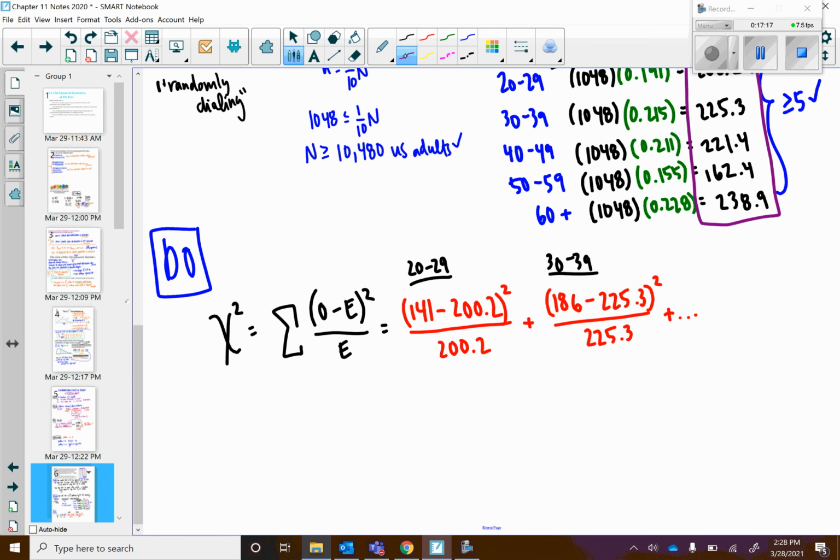So I'll write the steps. You're going to click Stat. You're going to select Edit. We are going to put our observed into list 1 and our expected into list 2.